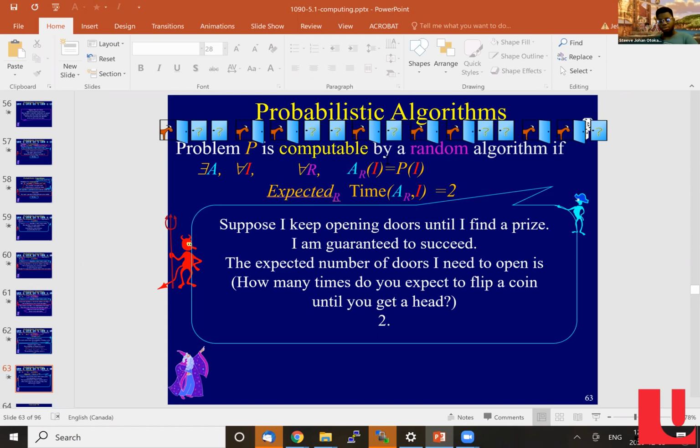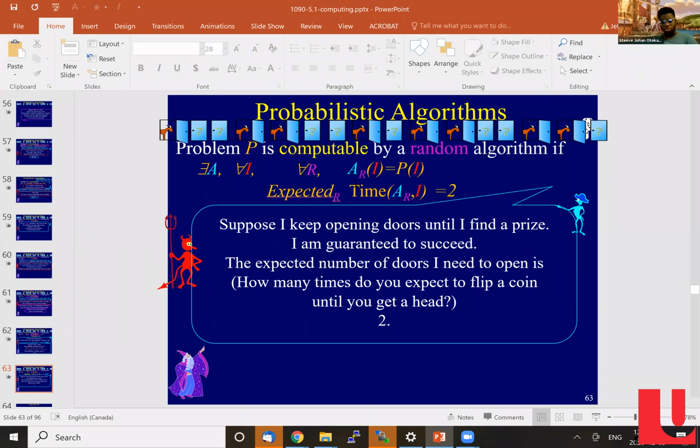Yes, but the analysis I have doesn't really care which you do. I kept saying in this one, after n over 2 doors, you're guaranteed to find a prize. But that's only if you don't look in the same door twice.